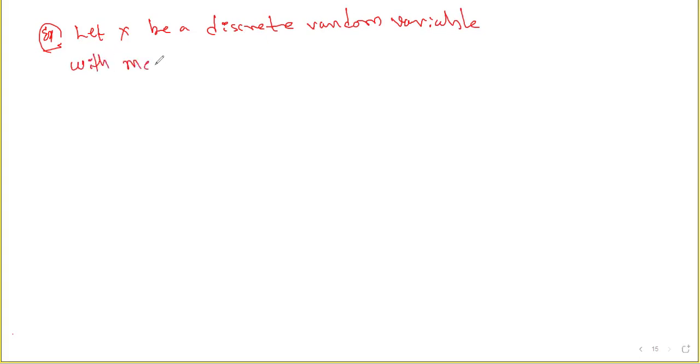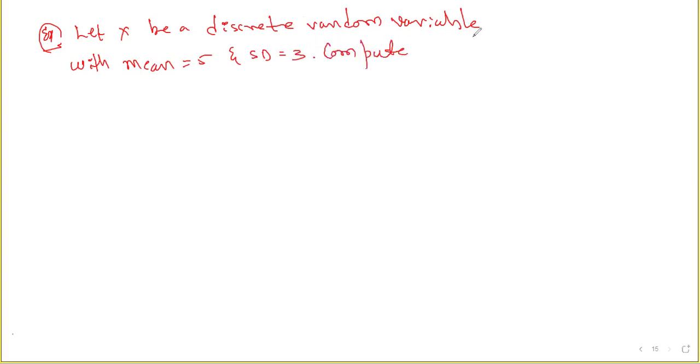Okay, let x be a discrete random variable with mean equal to 5 and estimated standard deviation that is 3.